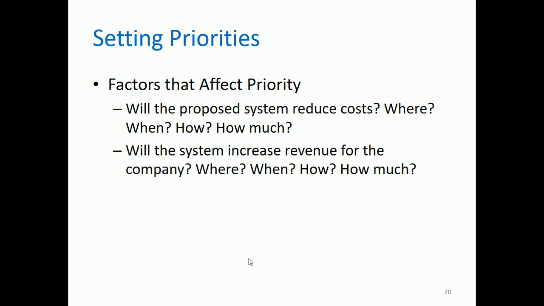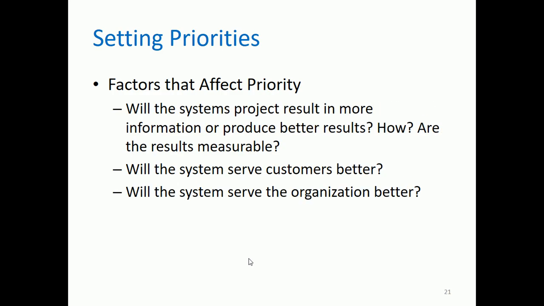And how much? Will the system increase revenue for the company? Where? When? How? And how much? And then, will the system's project result in more information or produce better results? How? Are the results measurable? And then, will the system serve customers better? Will the system serve the organization better?